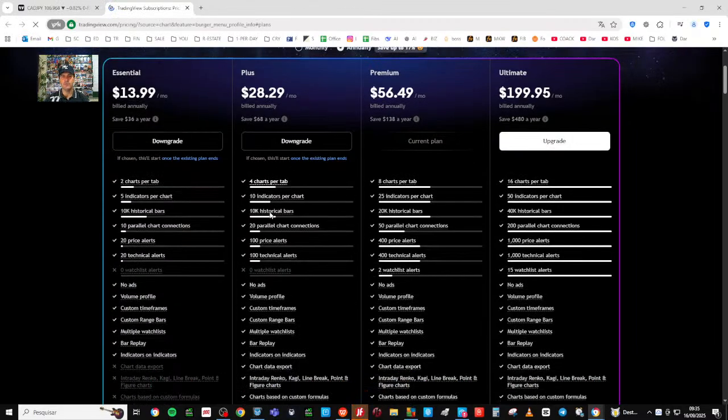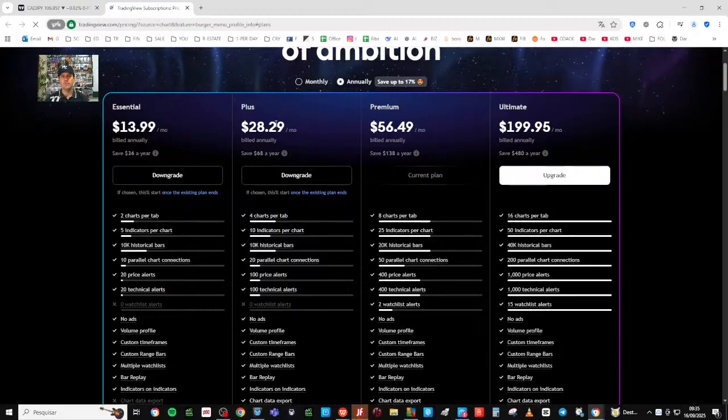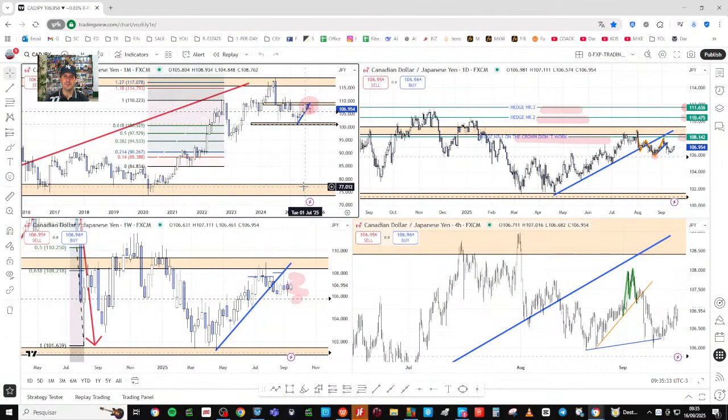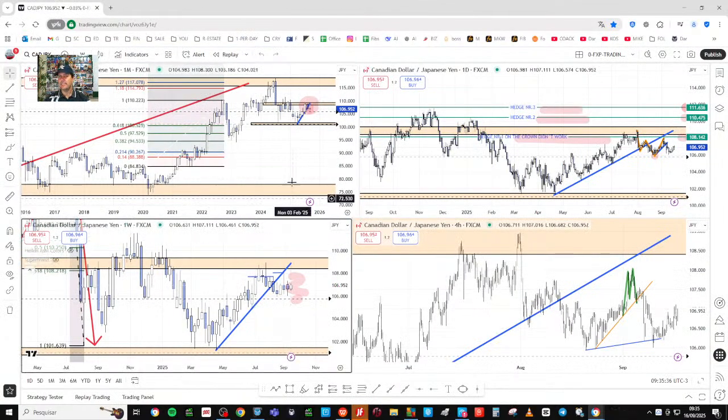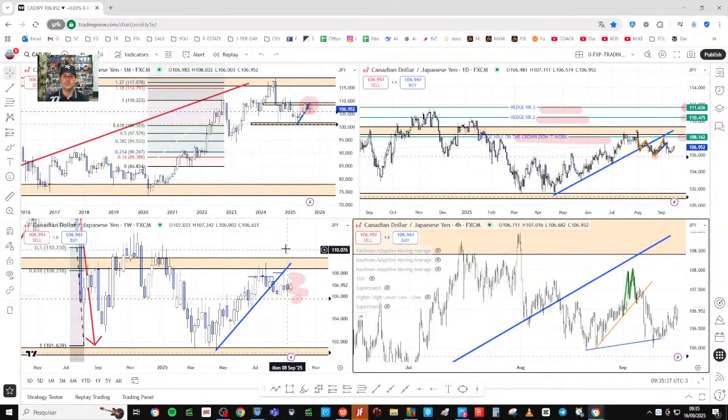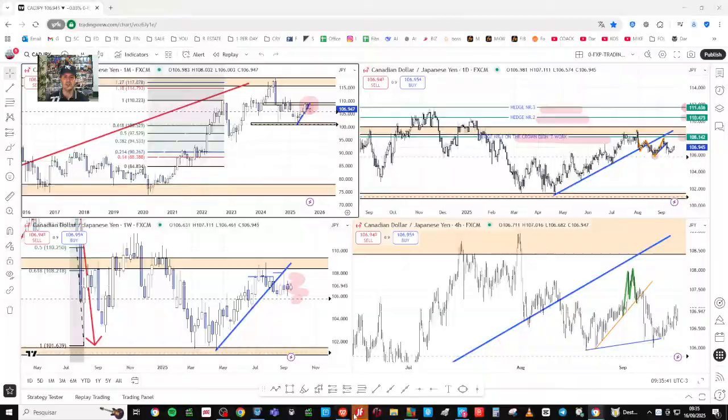For you to have the 4 charts per tab is going to cost you basically 29 bucks per month. Yes, this is an absolute must, to have the 4 charts, the 4 time frames.